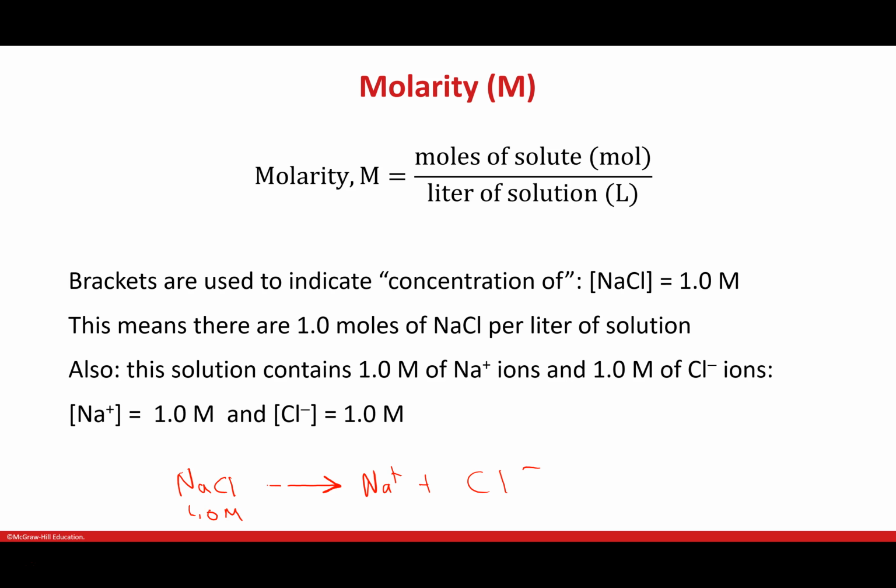All three mean it breaks apart. For every 1 unit of NaCl, you get 1 unit of Na+ and 1 unit of Cl minus. So once it breaks apart, your molar concentration of Na+ is also 1.0 molar, and so is your chloride ion.